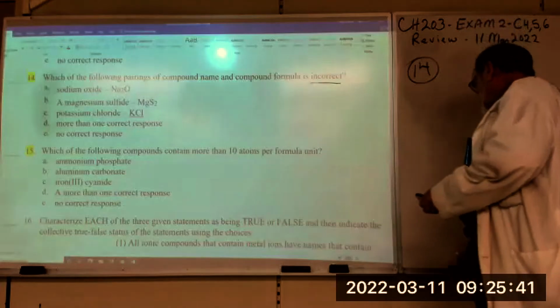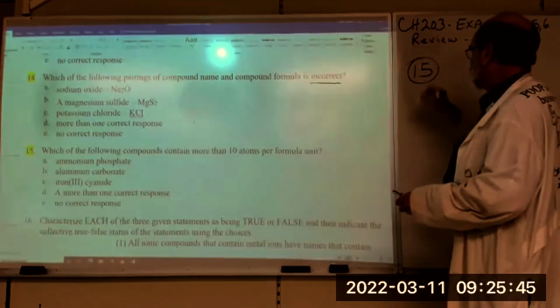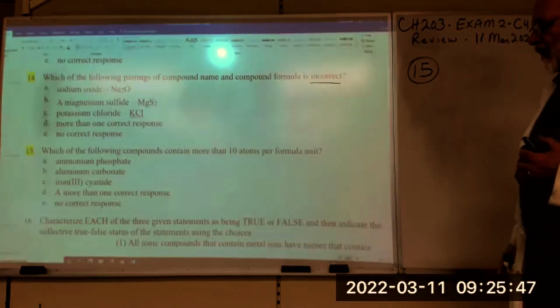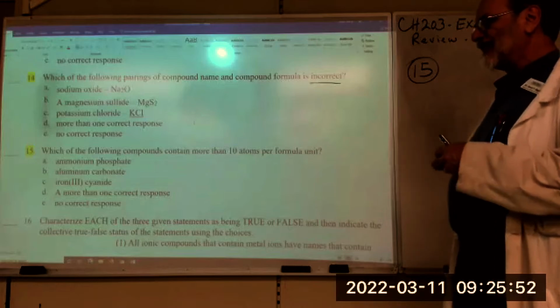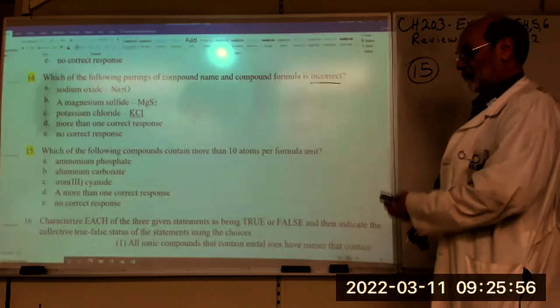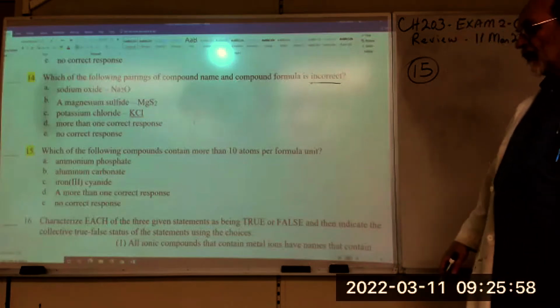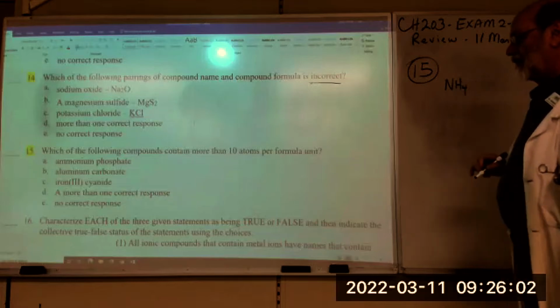15. Which of the following compounds contain more than 10 atoms per formula unit? More than 10 atoms. Okay, so we got to write the compounds. Right? Ammonium phosphate.